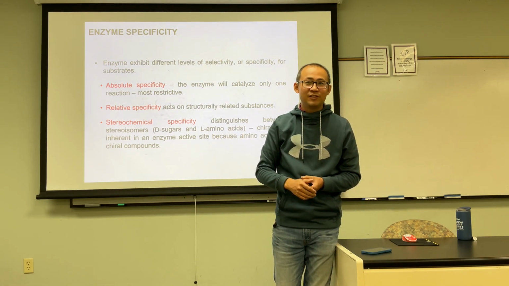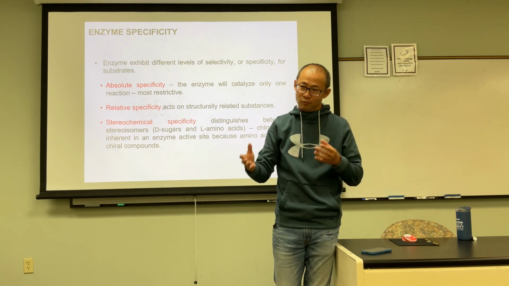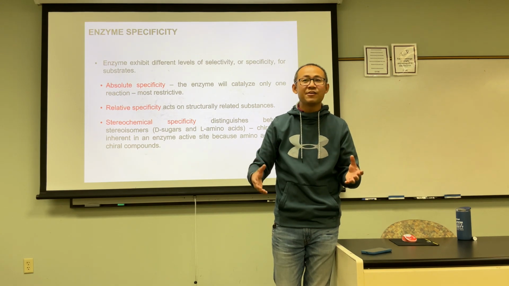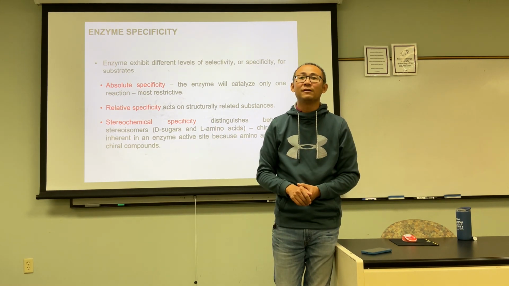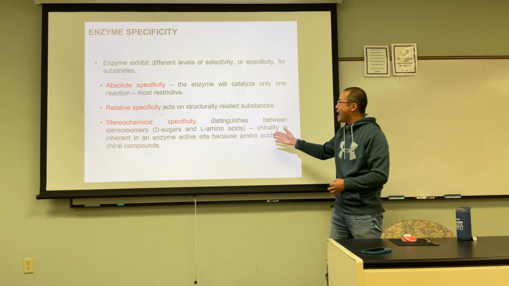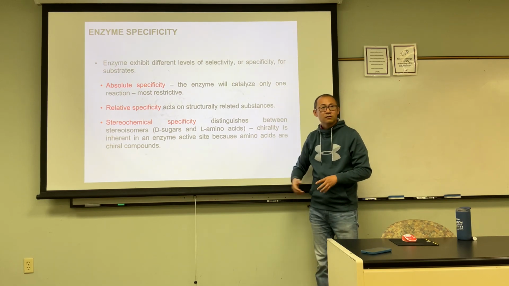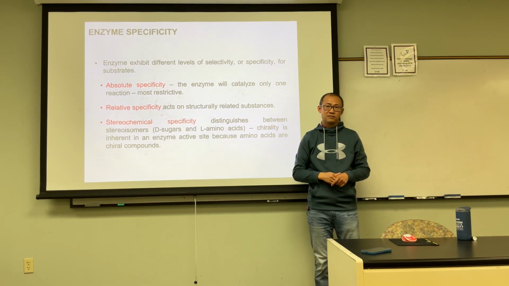It cannot just allow only you to get in the car; someone who looks like you or dresses like you will still be accepted. That's called relaxed specificity. It acts on structurally related or similar substrates in that certain reaction.